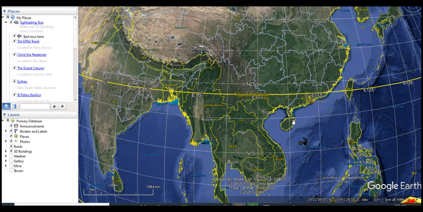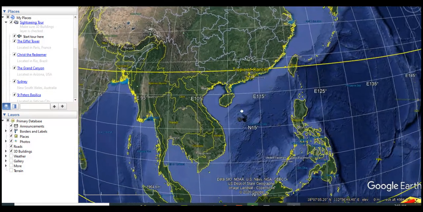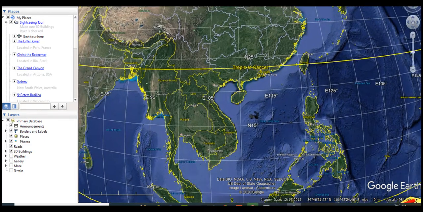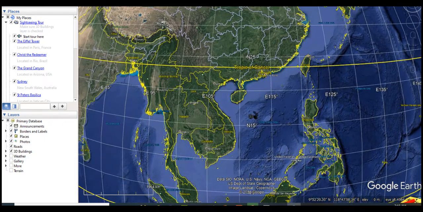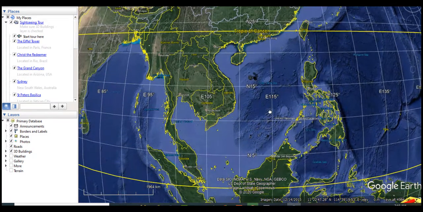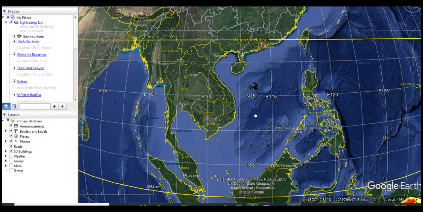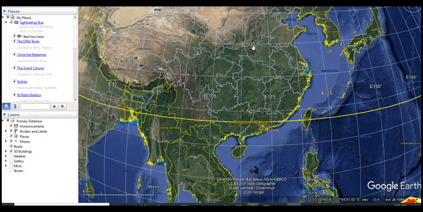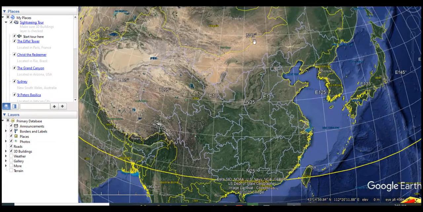Usually, looking at what I have here, which is Google Earth, you will see the grids that we have here. Our location is between 15 degrees and 5 degrees north. So 5, 15, 25, 35, and another 45 here.